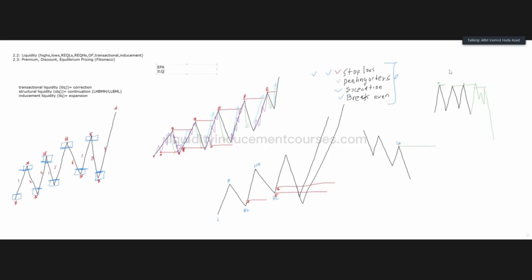You identify it, then you ask yourself, where is the next structural liquidity? Then you identify it, then you ask yourself, where is the next transactional liquidity? Now, all your trades must come from only these 4 levels.